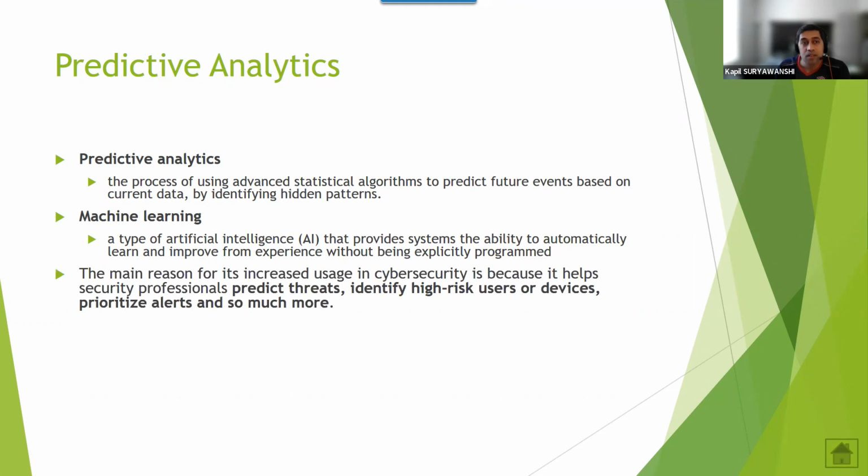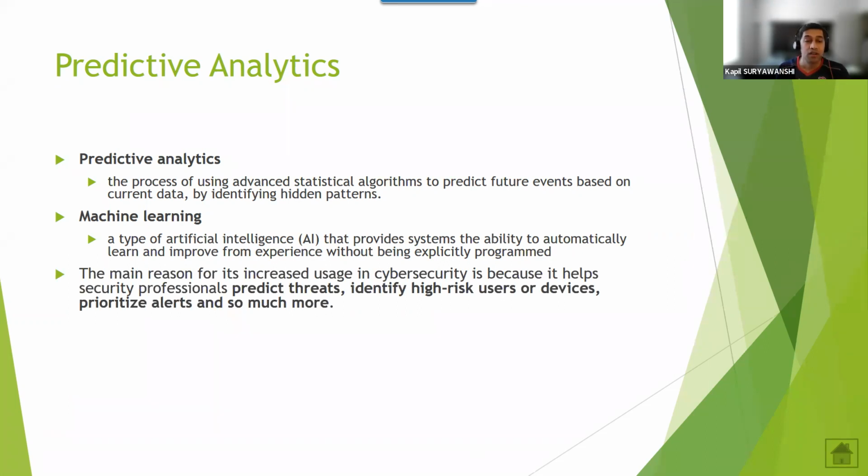So the main reason we are now talking about predictive analytics in the cybersecurity world is we need to know before the damage happens. We need to identify such victims, which can be devices or actual humans, and take action proactively.